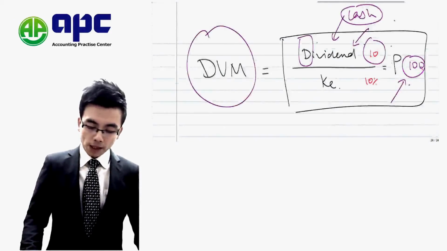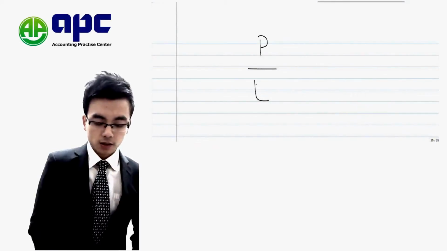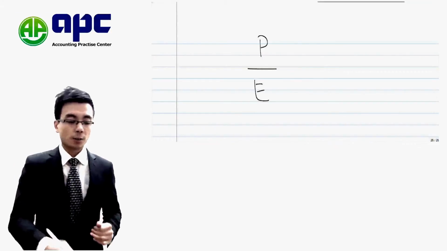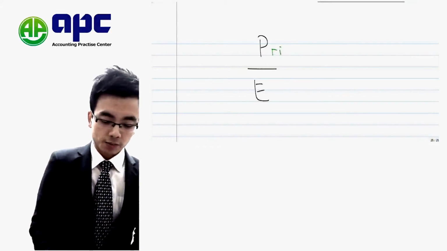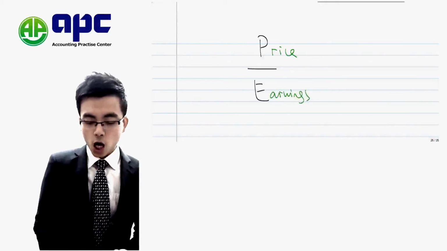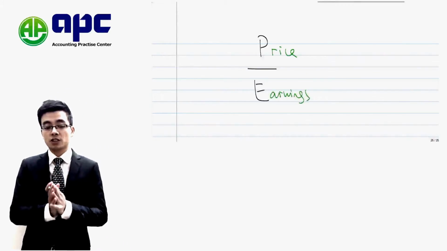So what do I mean by PE ratio? Let me just write that here. It's P divided by E. P stands for the price of the company divided by the earnings of the company. Earnings of the company means the profit of the company.